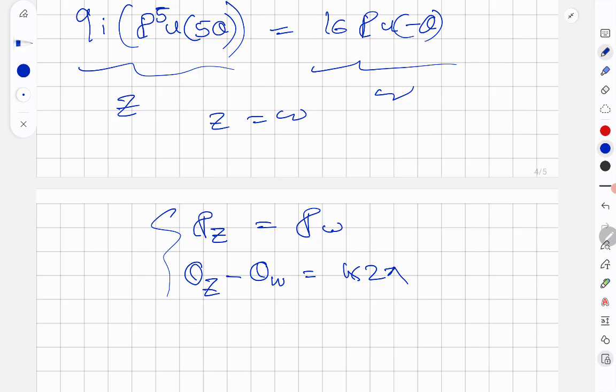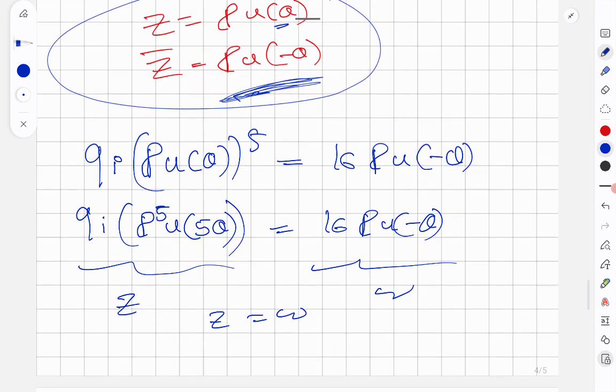Don't understand the second one? Okay, if you go back to the very first, as I have said, if you have two complex numbers z and w to be equal, this rho and r must be equal, and the difference between those angles must be integral multiples of 2 pi, because after a full circle you get the same values.